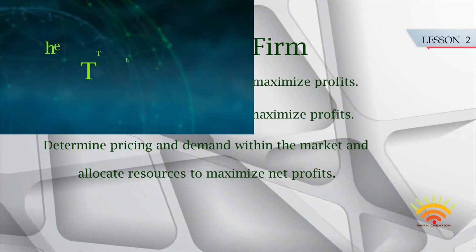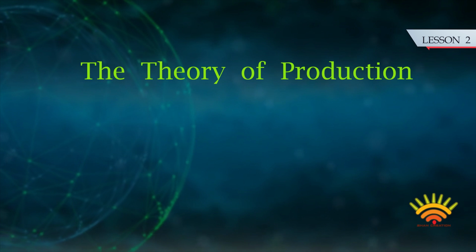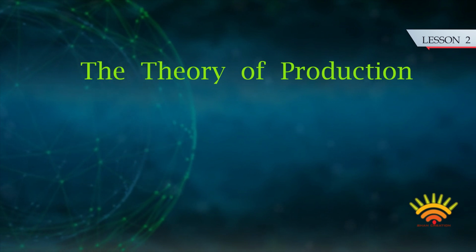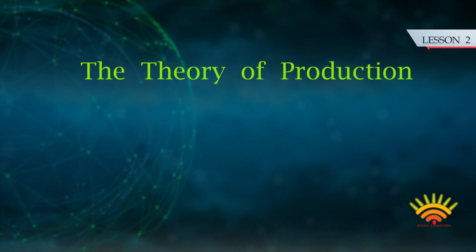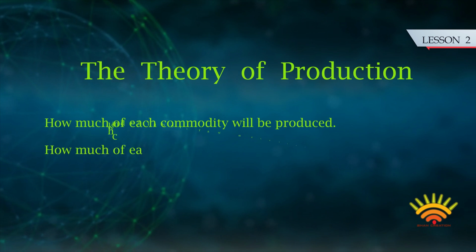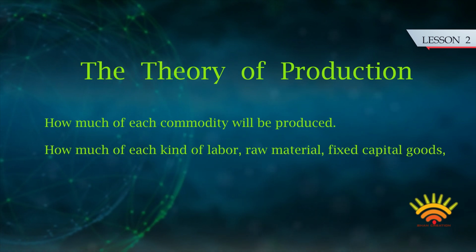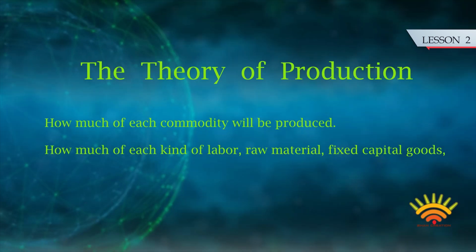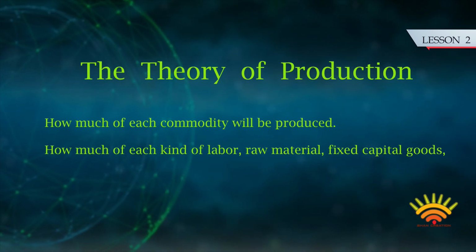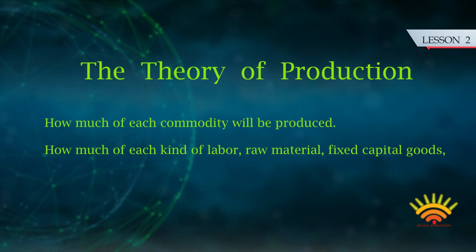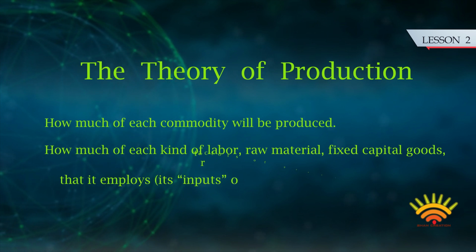Theory of production. The theory of production explains the principles by which a business firm decides how much of each commodity that it sells, that is, the output of products it will produce, and how much of each kind of labor, raw material, and fixed capital goods that it employs.